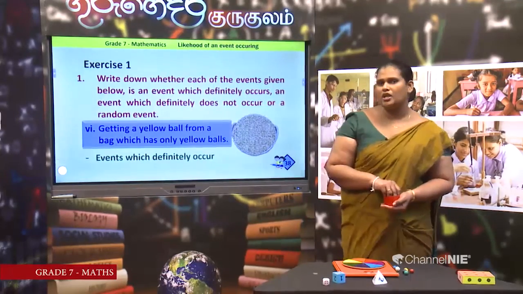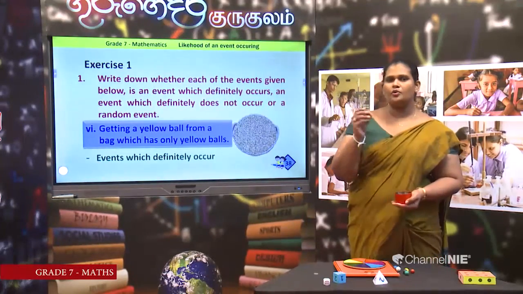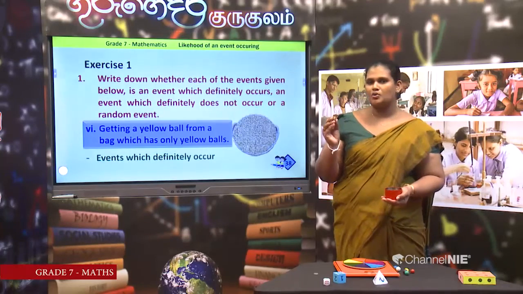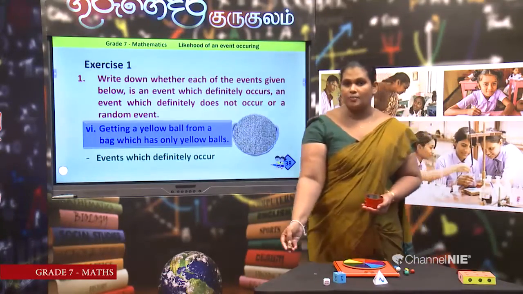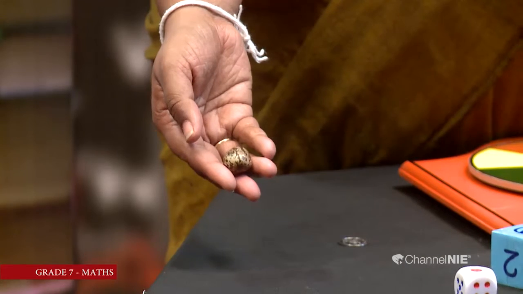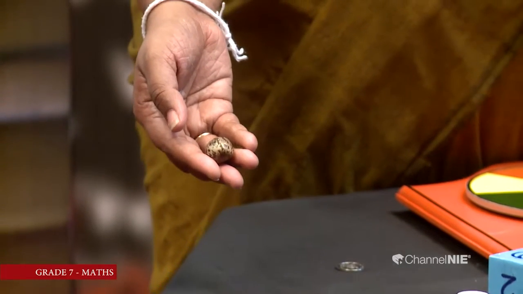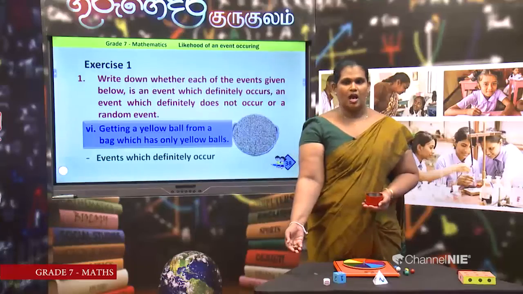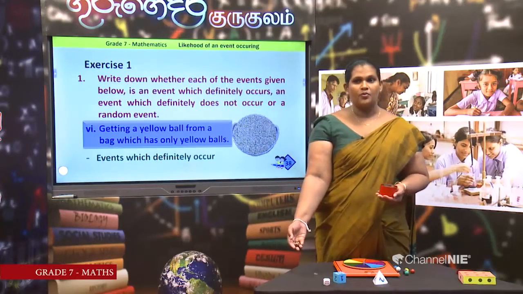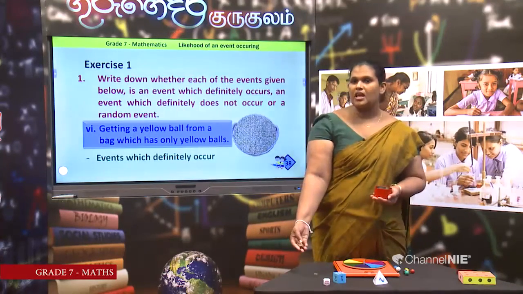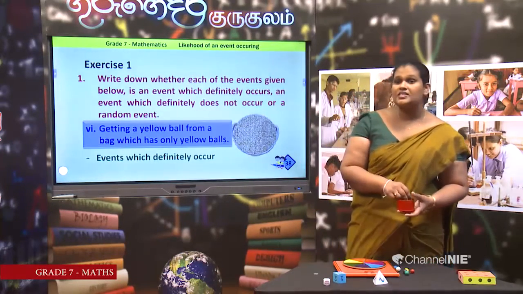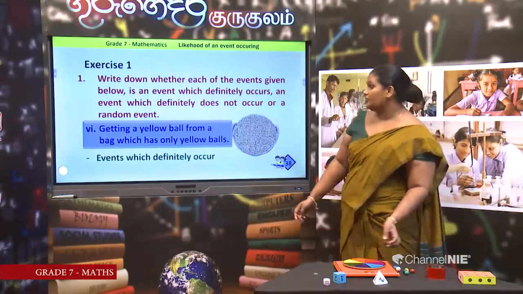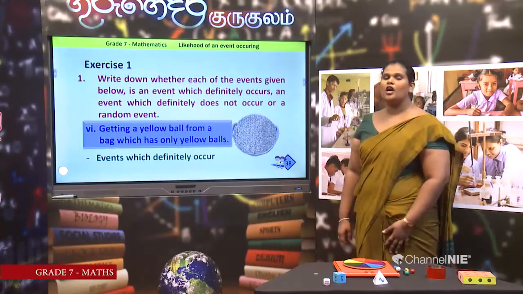Okay, I am not looking at the seeds. I am going to randomly take one out of it. Obviously, it is a rubber seed. Isn't that so? When I take one seed out of some rubber seeds, obviously I would get a rubber seed. Therefore, that is an event that would definitely occur.